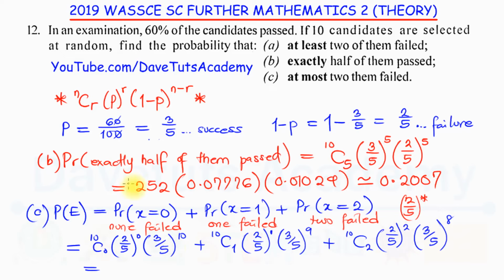And I'm going to just input this directly in the calculator, as we've been working it together. So now I just want to get the value straight. I'm even running out of space. So I'm going to have 10 combination 0, 2 over 5 raised to power 0, which is 1. And 10 combination 0 is also 1. So I just need 3 over 5 raised to power 10.